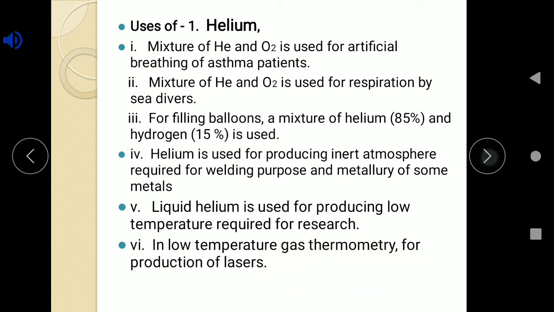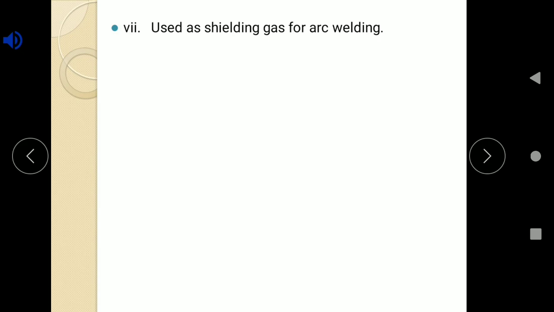So this is the use of helium. A few more uses are there. It is used as a shielding gas for arc welding. Again, for welding in supersonic wind tunnels. Supersonic trains are going to come in future, where those tunnels will have helium gas in them.